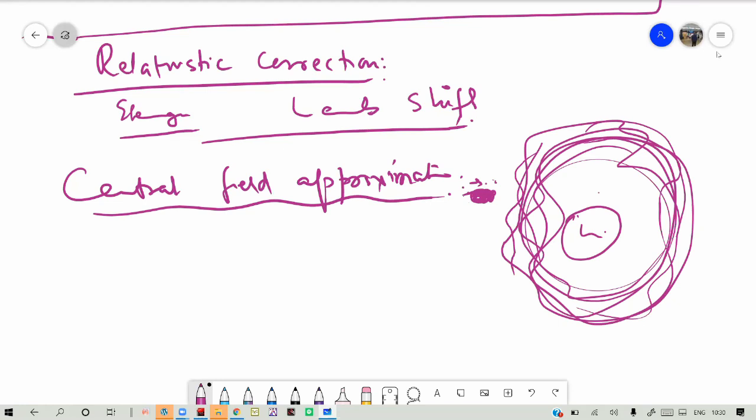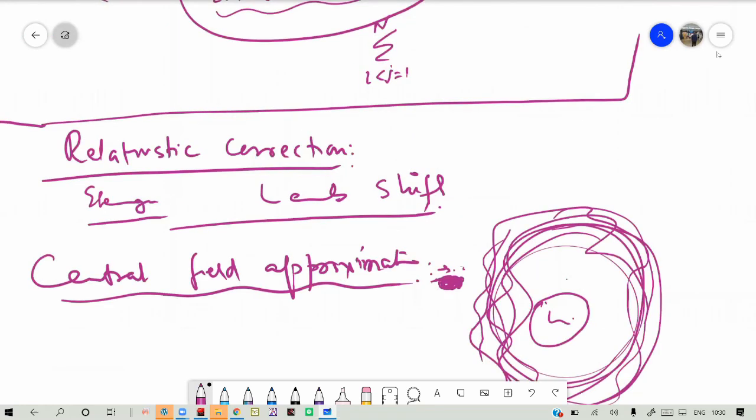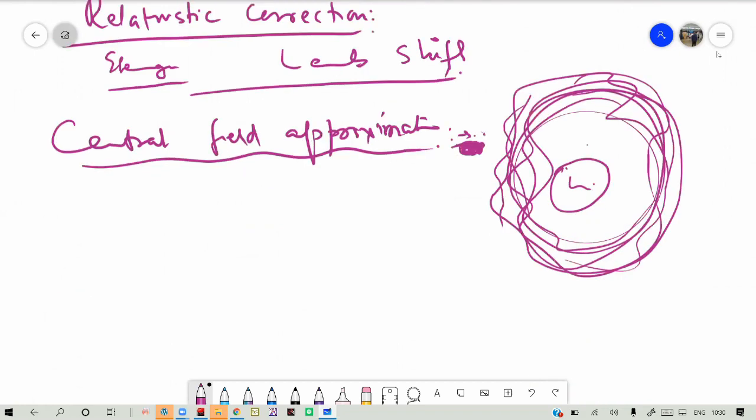That means the Hamiltonian formed by these terms will now consist of a spherically averaged potential.